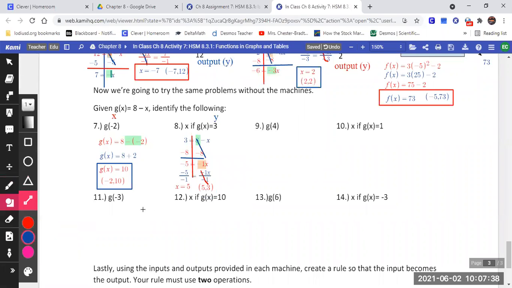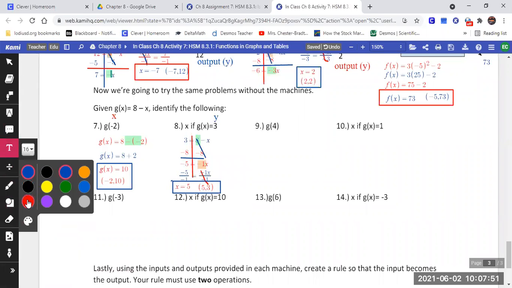Okay. Oops. Not what I want. All right. Next one. What did they give me? An x or a y? It's inside a parenthesis. So did they give me an x or did they give me a y?